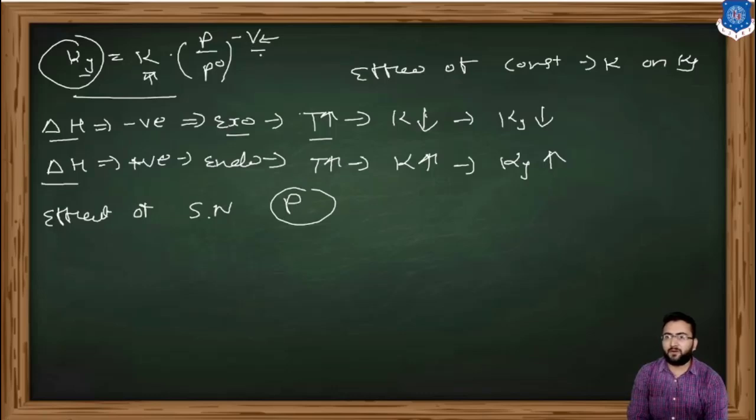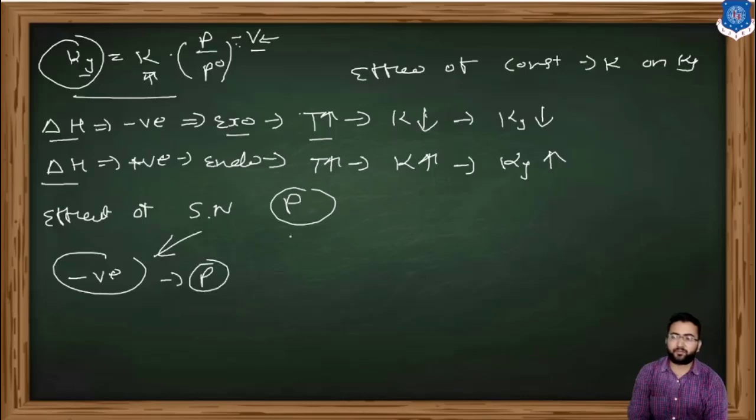If the value of the stoichiometric number is negative, then this term becomes positive, because minus minus becomes plus. So if I increase the pressure, the value of equilibrium conversion will increase.